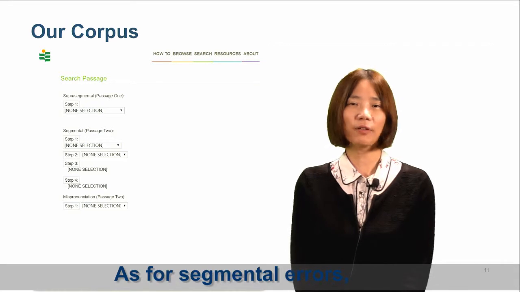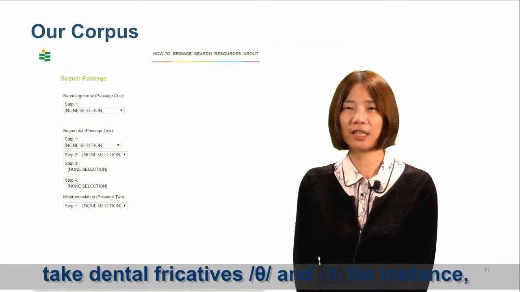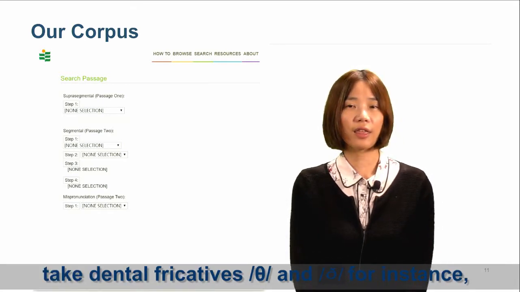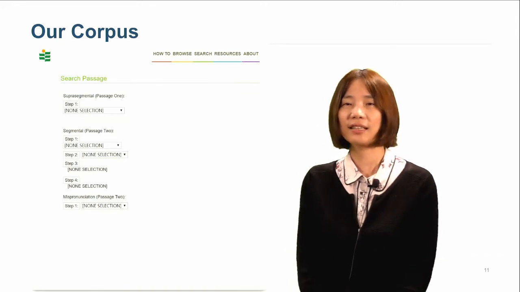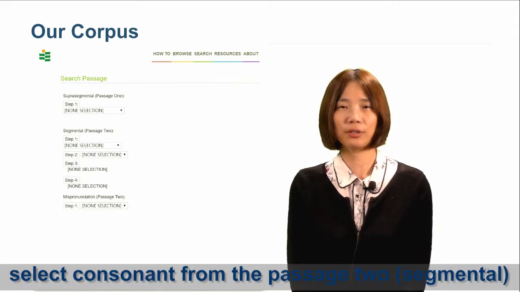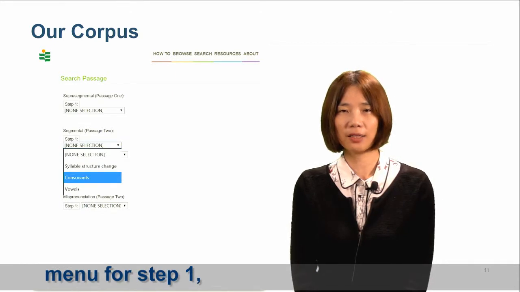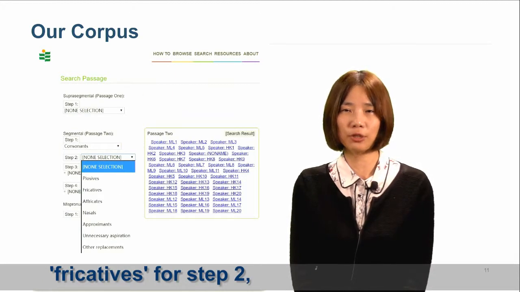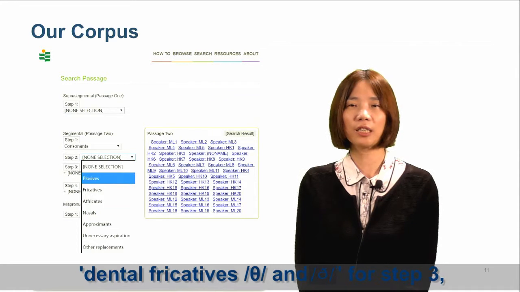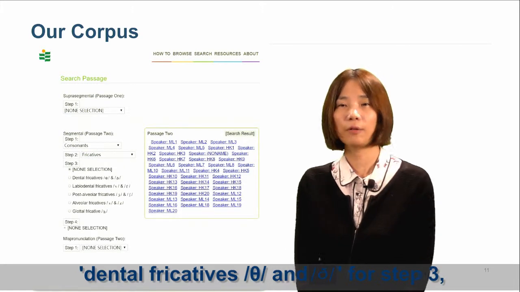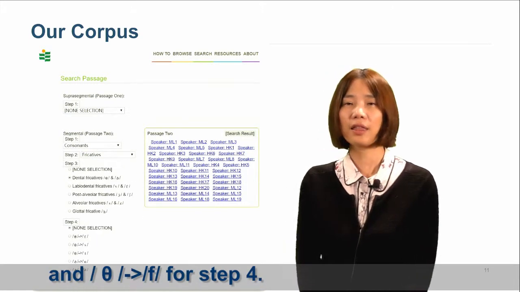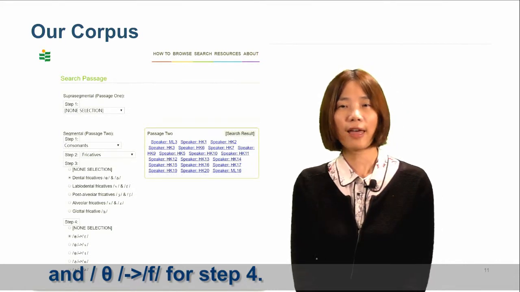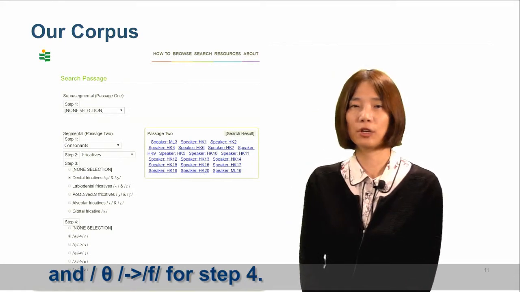As for segmental errors, take dental fricative and v, for instance. Select consonant from the page 2 segmental menu for step 1, fricative for step 2, dental fricatives and v for step 3, and goes to f for step 4.